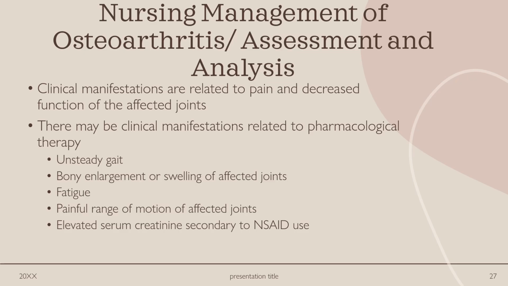And then when we are doing a lab, we may see something that we call an elevated serum creatinine that will be secondary to an NSAID use. So now, when we're talking about serum creatinine, I know we haven't gotten there yet, but that is an indicator for kidney function.